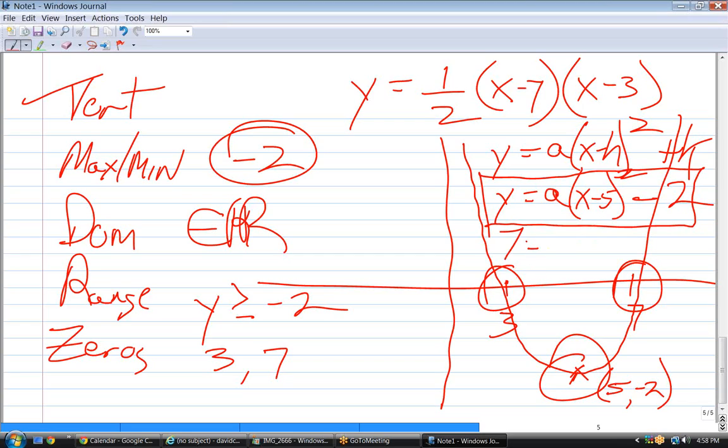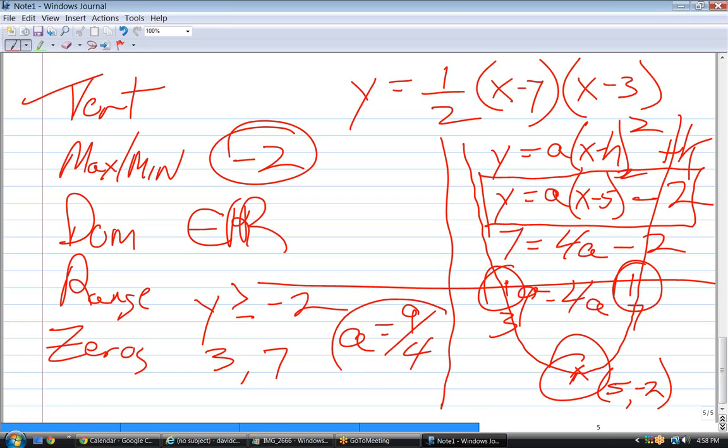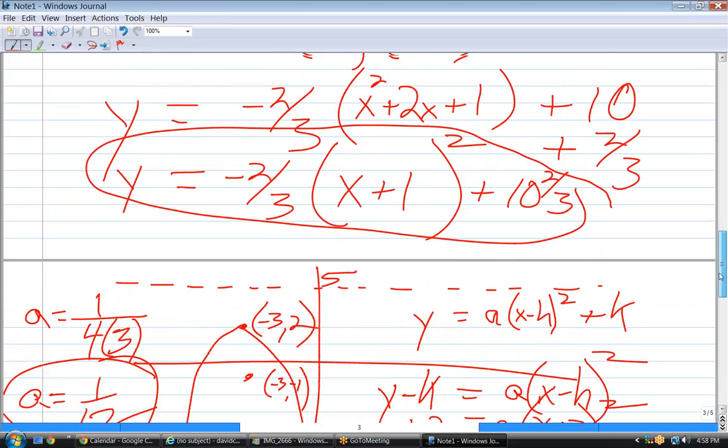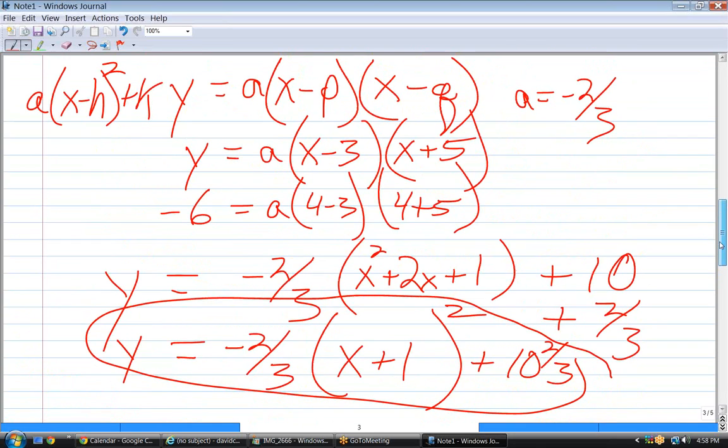So 7 equals 4A minus 2. 4A equals 9. A equals 9/4. So that's not an easy number to come up with. But it's not so hard when you have the vertex. I don't know if that last problem, we didn't actually have the vertex, I don't think, when we were doing that other problem.